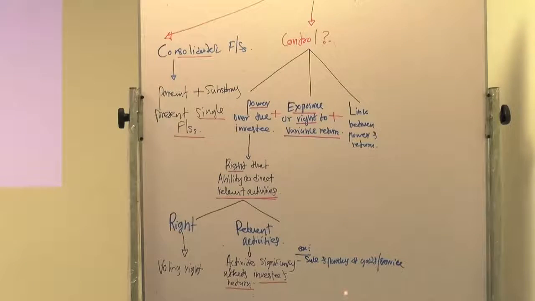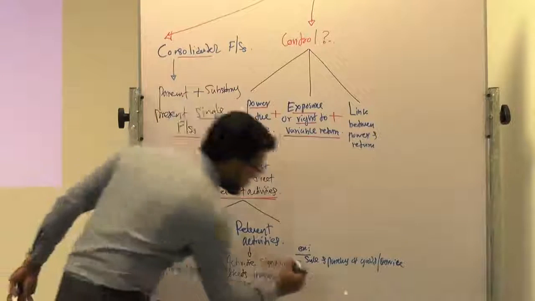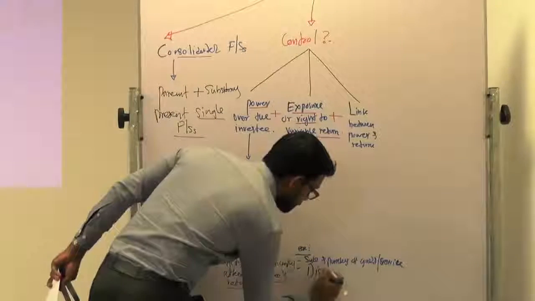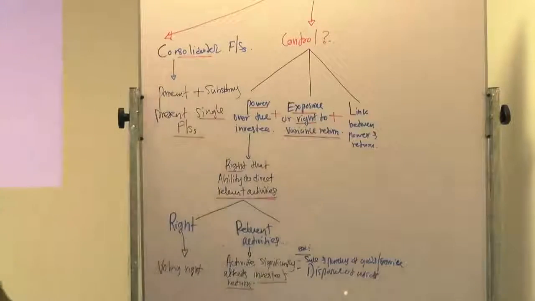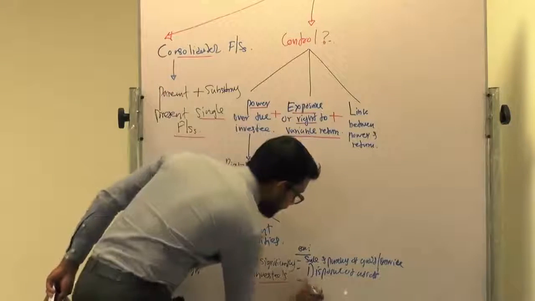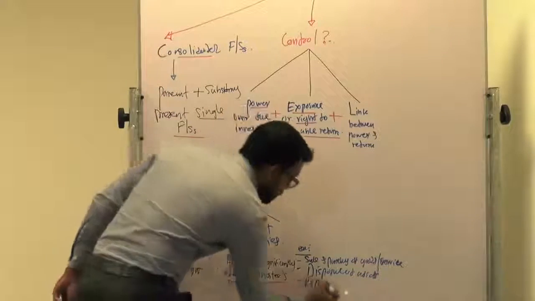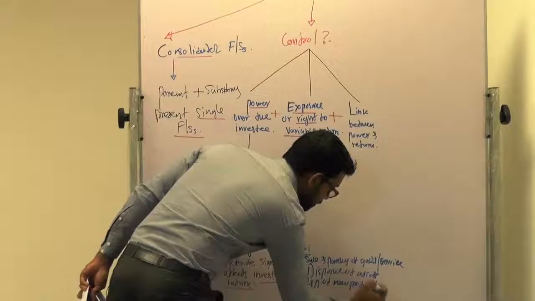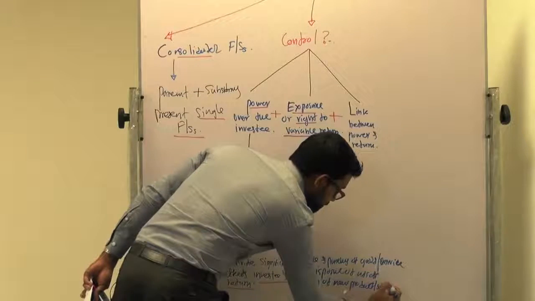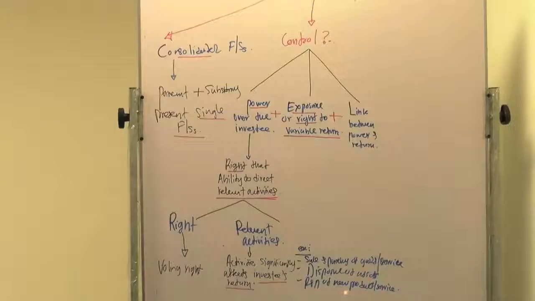Second one, disposal of assets. If you can take decisions on the disposal of assets, then you have power. Those are relevant activities. And research and development of new products or services, relevant activities.